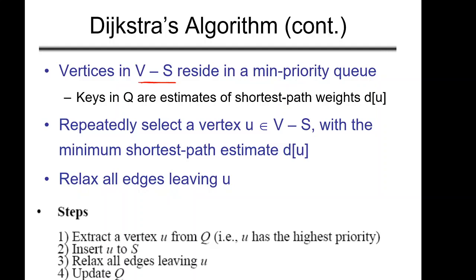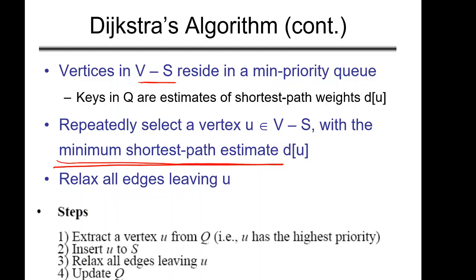Then we will keep on repeatedly selecting the u from this set, and we will select the one with minimum shortest path estimate. So this particular node has the minimum shortest path estimate, so it may be much nearer to the source vertex, right?